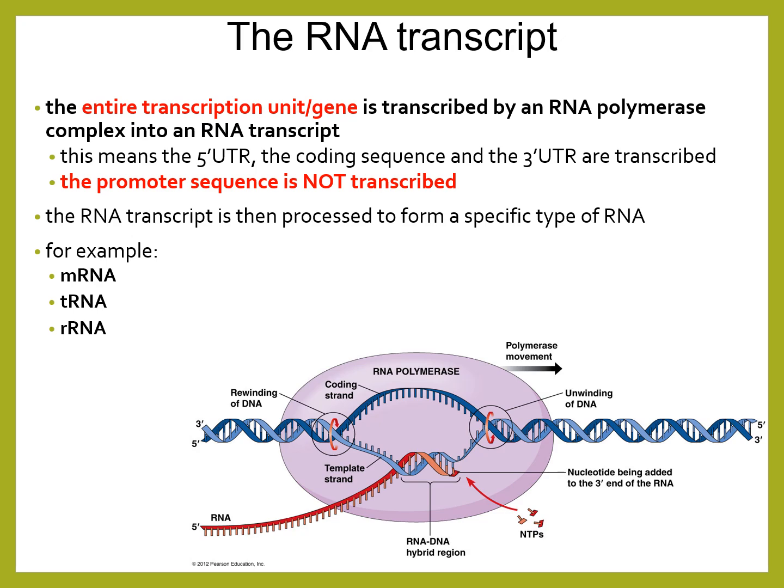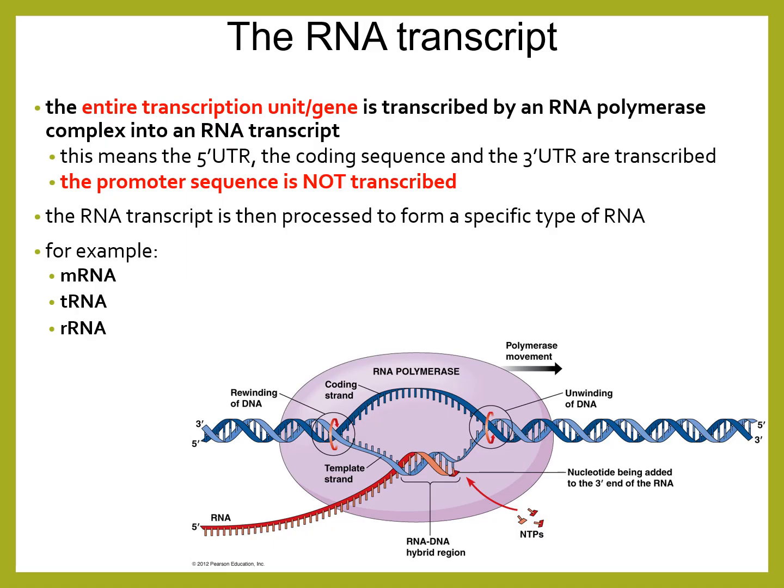You'll get a piece of RNA called an RNA transcript, and then, depending on what kind of gene was transcribed, the RNA transcript is going to be processed. It's going to be modified in specific ways to form a specific type of RNA. And there are numerous kinds of RNA in eukaryotic cells. In this course, we're going to look at 3 specific types of RNA.